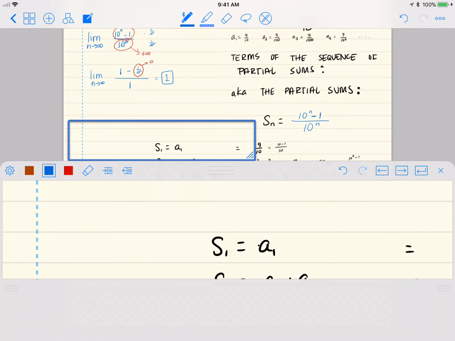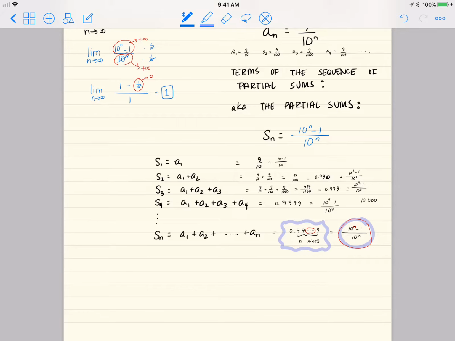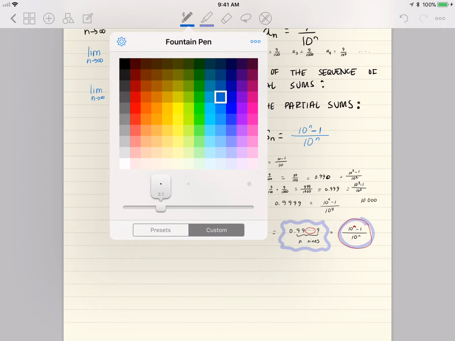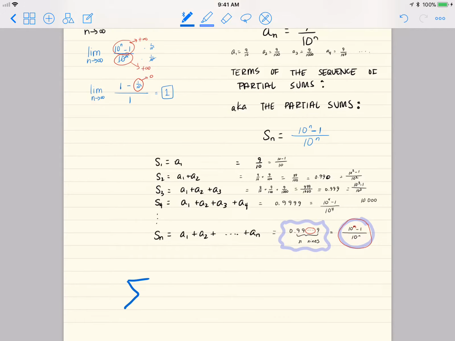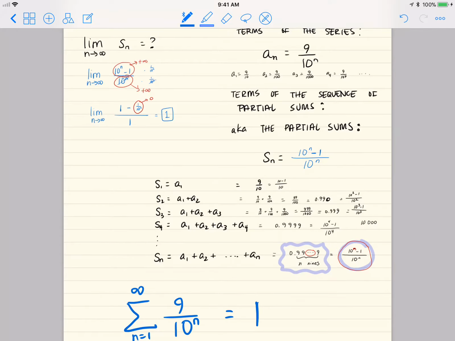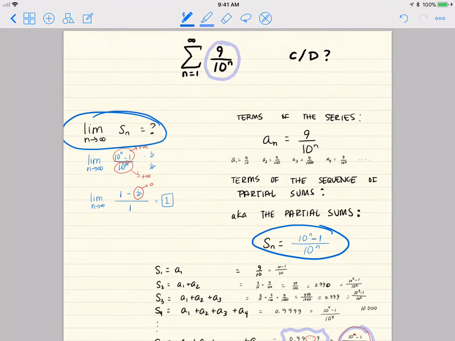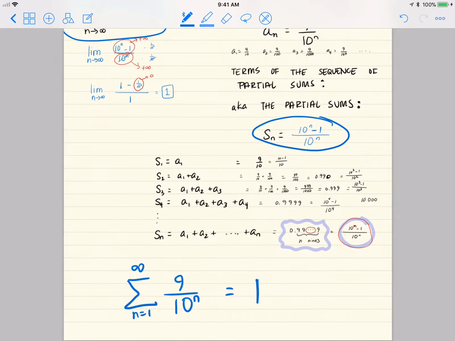So now I say, aha, in conclusion, this sum, 9 over 10 to the n starting at 1, is equal to 1 because it's equal to the limit of Sn, and we found a formula for Sn by recognizing the pattern. So this limit is equal to 1.